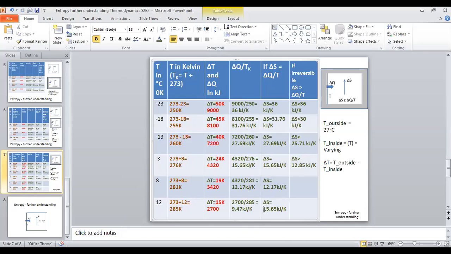So now you see in refrigeration applications, if you set the temperatures not so low but optimal, you are done. Your entropy increase is less, and that is the best.